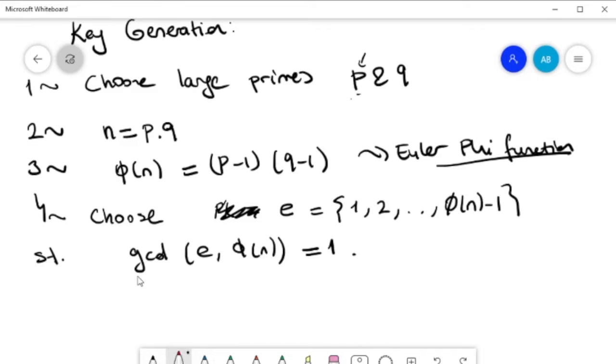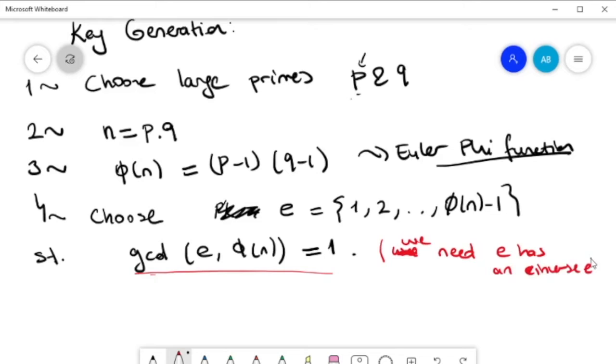There is always a reason to choose this, because we need E to have an inverse.